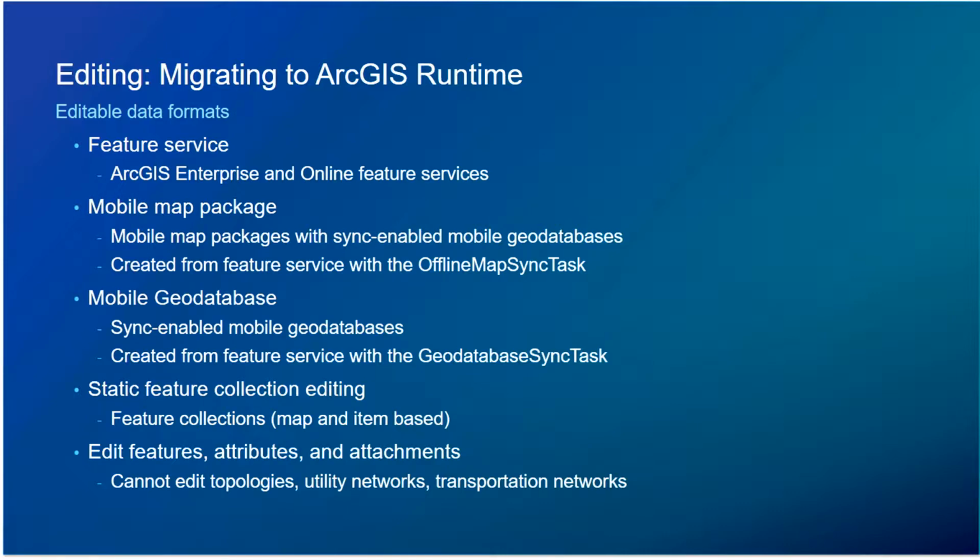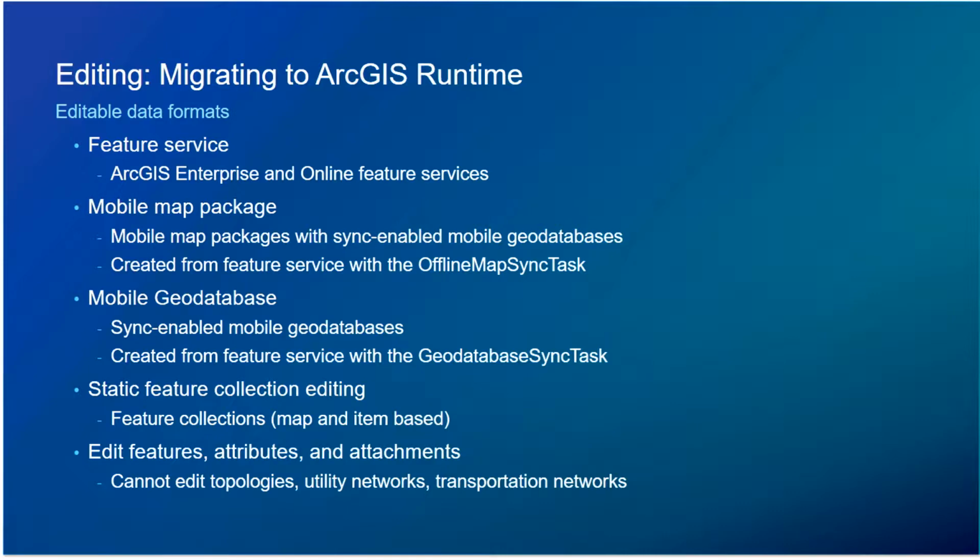Mobile map package, you can edit geodatabase content within the mobile map package. It must have come from a sync-enabled feature service. And there's a specific API capability. The offline map sync task allows you to encapsulate a lot of functionality that would involve finer grained calls, but that allows you to create a mobile map package that you take offline, work with, and then synchronize.